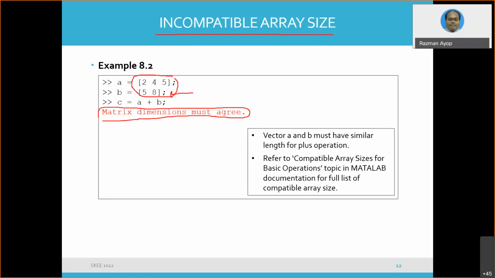If they do not agree, you cannot run this program. To repair this, either you can reduce this, or you can increase the size of the B matrix. So try this in MATLAB.